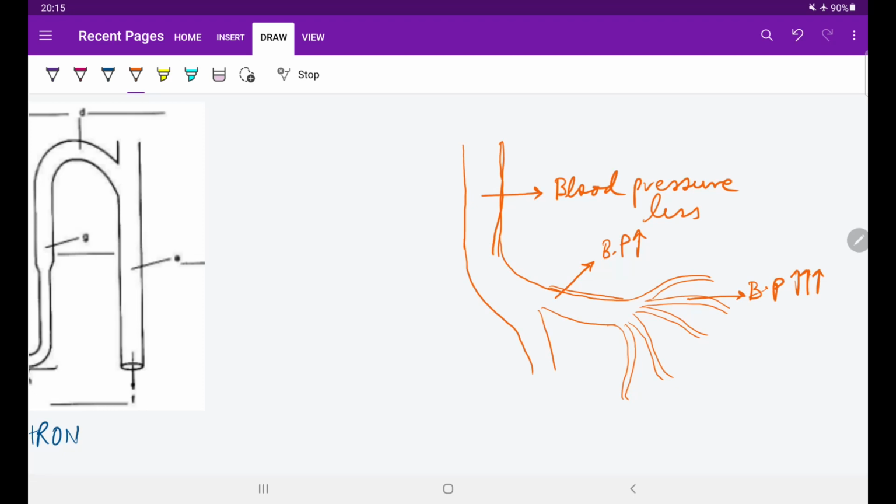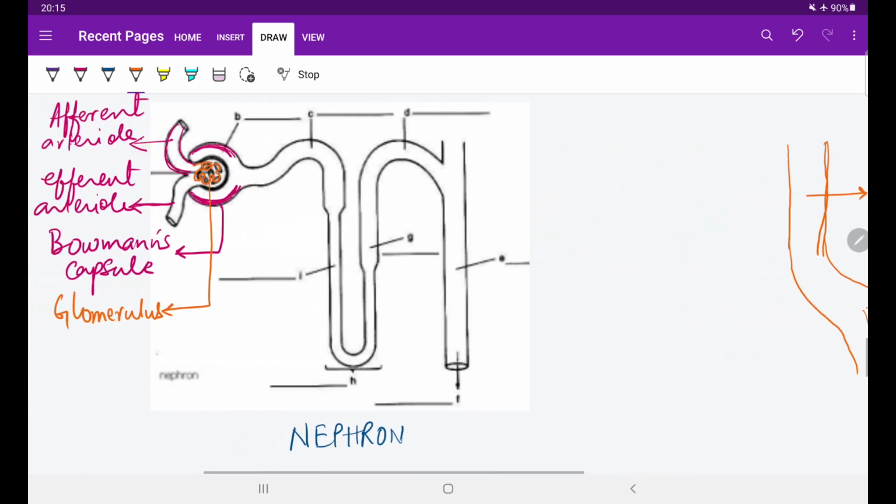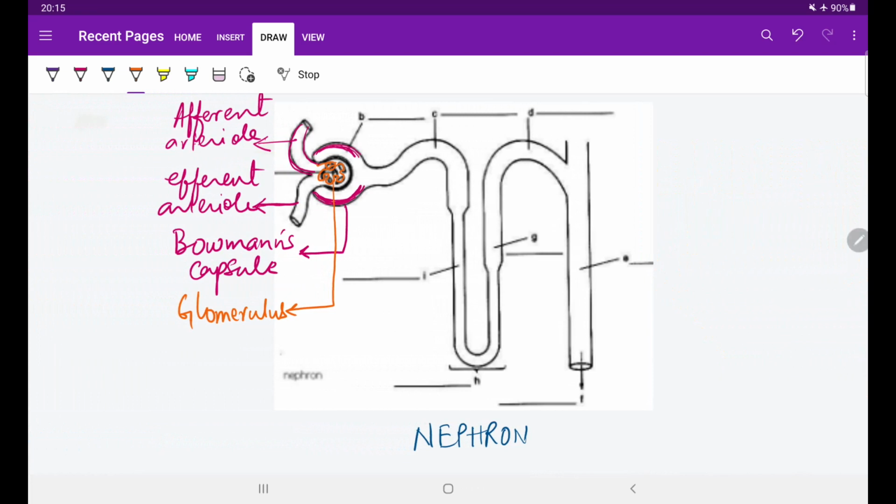So the blood flows at a very high pressure when it reaches the glomerulus. The blood entering through the afferent arteriole is under huge pressure as it enters the Bowman's capsule and forms the glomerulus.